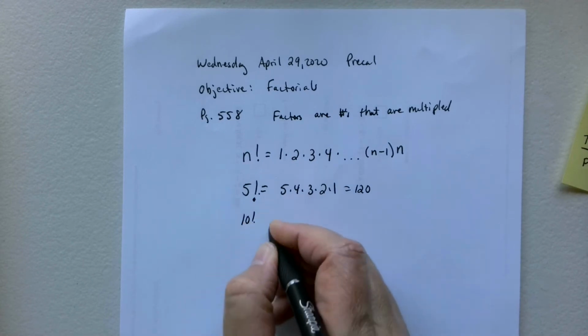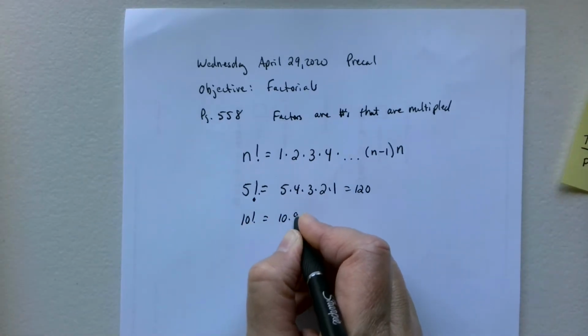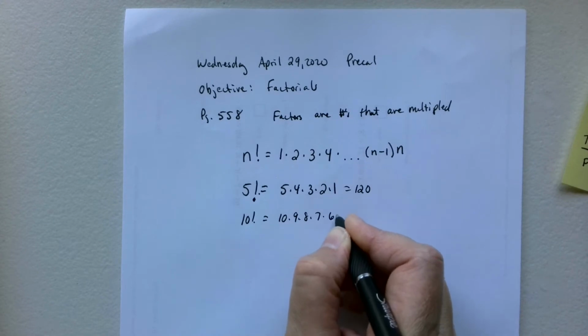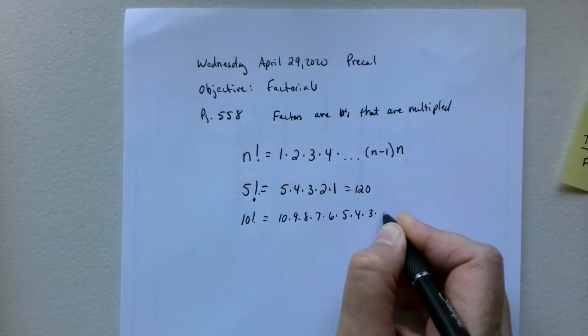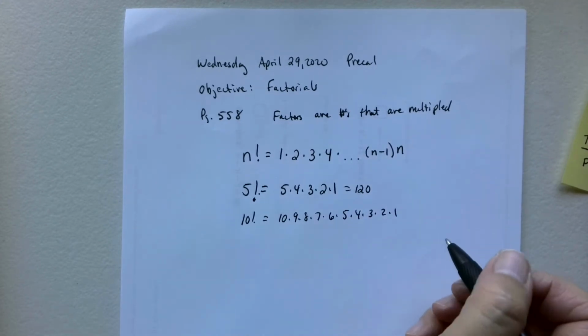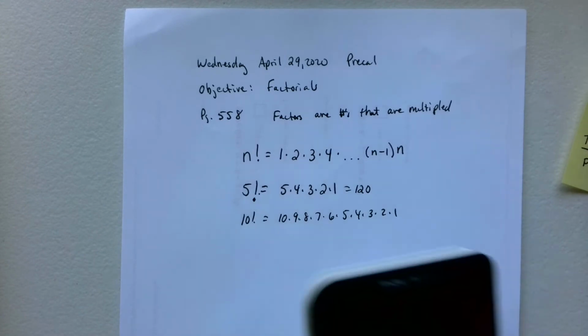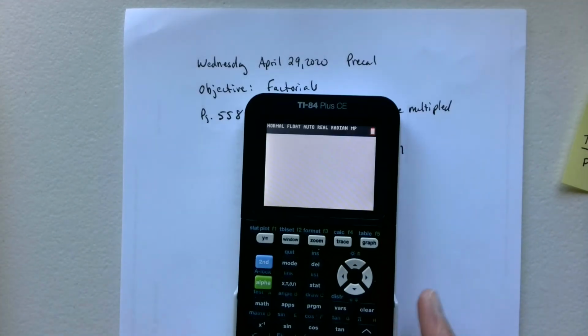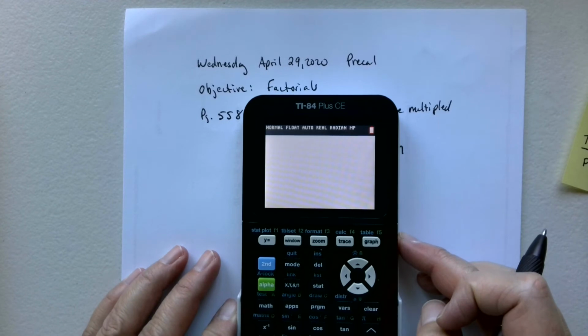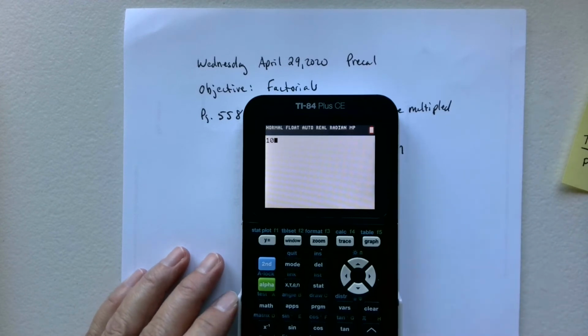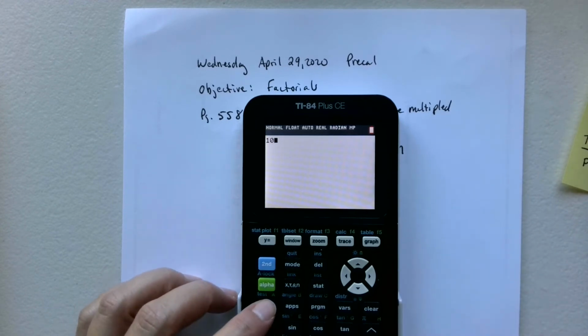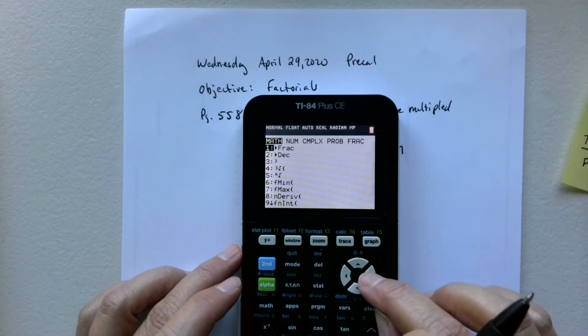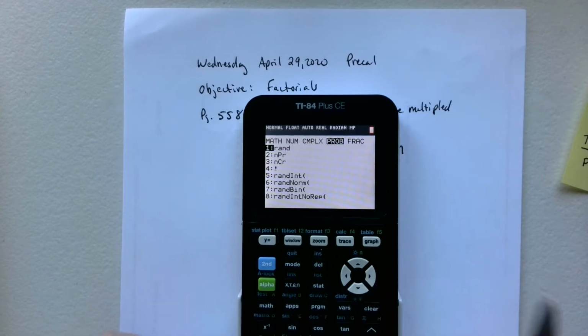If you had 10 factorial, it would be 10 times 9 times 8 times 7 times 6 times 5 times 4 times 3 times 2 times 1. And you could hand multiply all that together. Or you can use your handy dandy little calculator and type in the number 10 and go to math. You've got to go all the way over to probability.